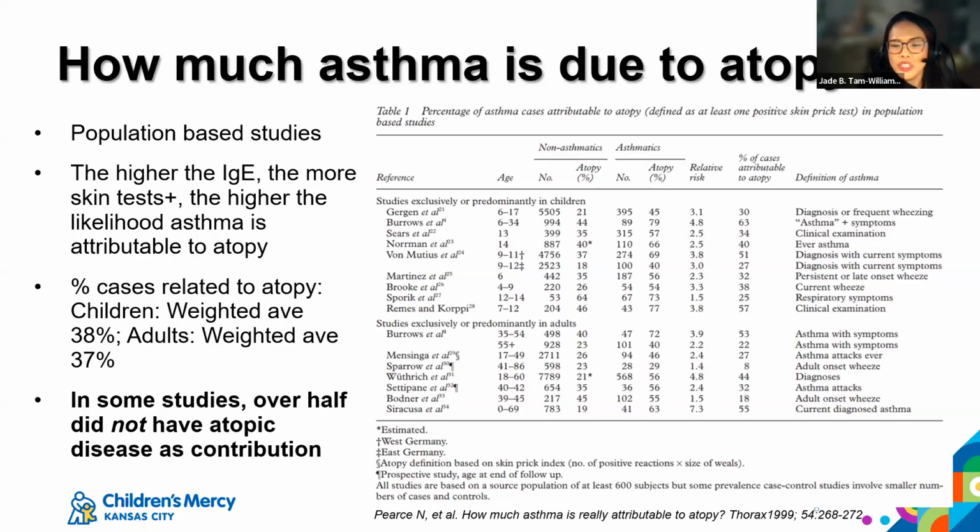These all varied a little bit in how they defined asthma, but typically they said, if you had allergy testing or one positive skin test ever, and the more allergies or more evidence of allergies, then the study found that yes, it is more likely that you might have some asthma that's related to allergies.